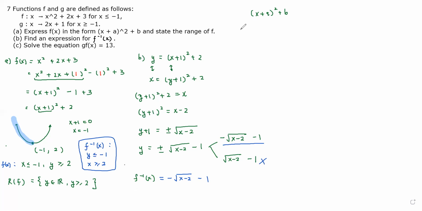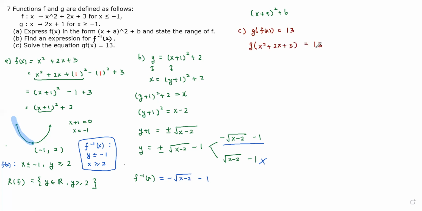Part C, we need to solve the equation g(f(x)) = 13. This is a composite function g(f(x)), meaning that you replace the x in g by f(x). And f(x) is x² + 2x + 3.